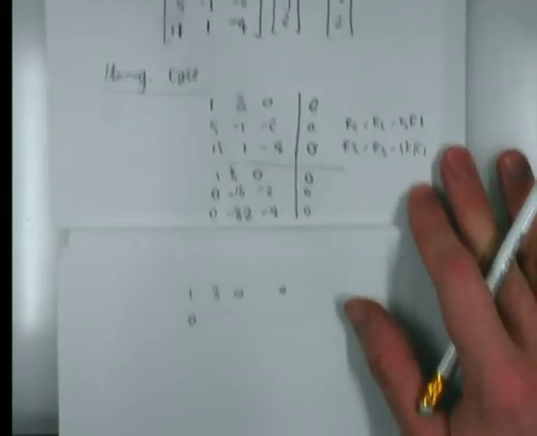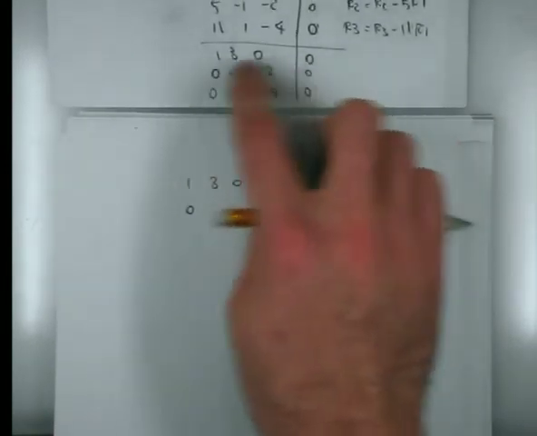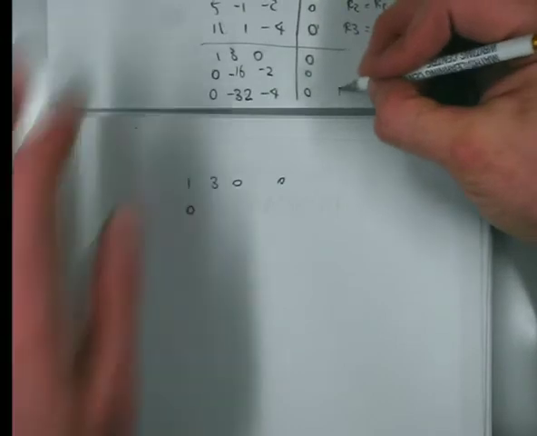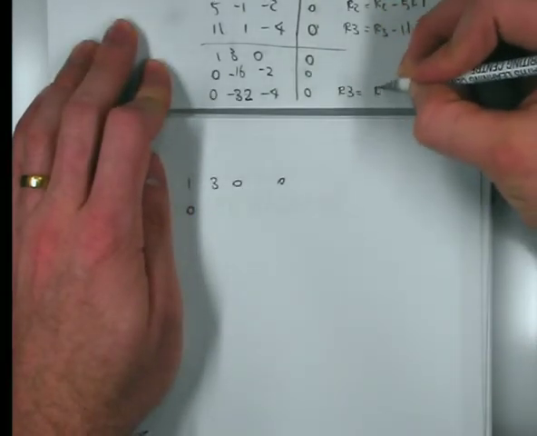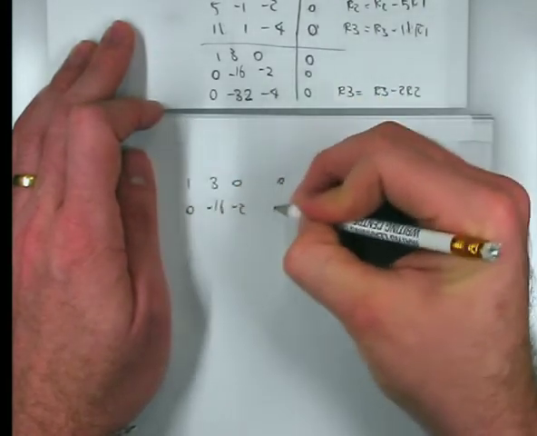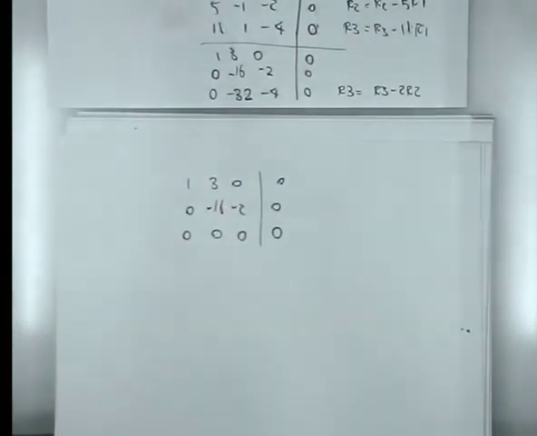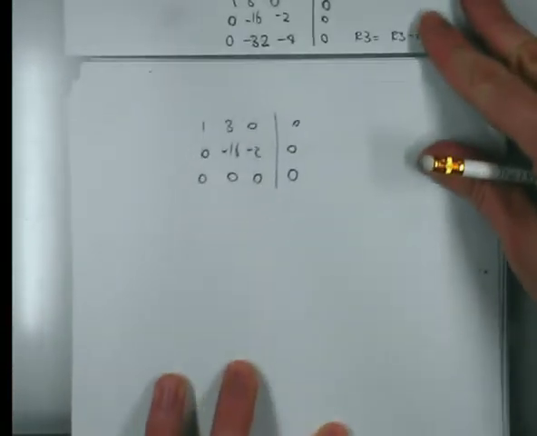So I take off 11 of row 1 and I get this. And you'll see that this row is twice that row. So I can do row 3 is row 3 minus 2 of row 2. So I'm not going to get a pivot in this third column, so there's not going to be a unique solution.